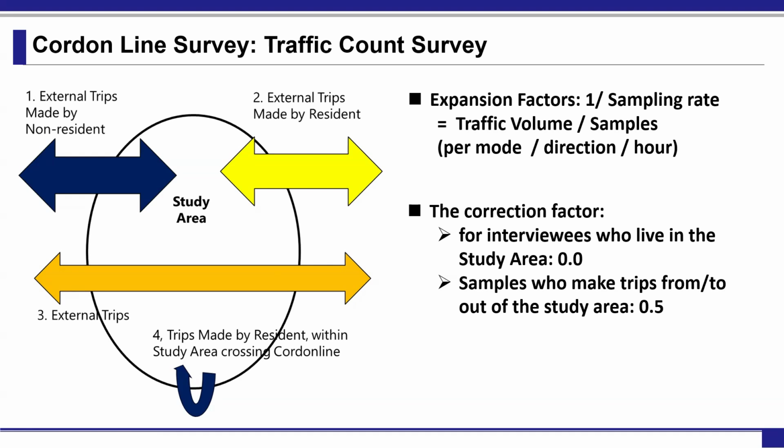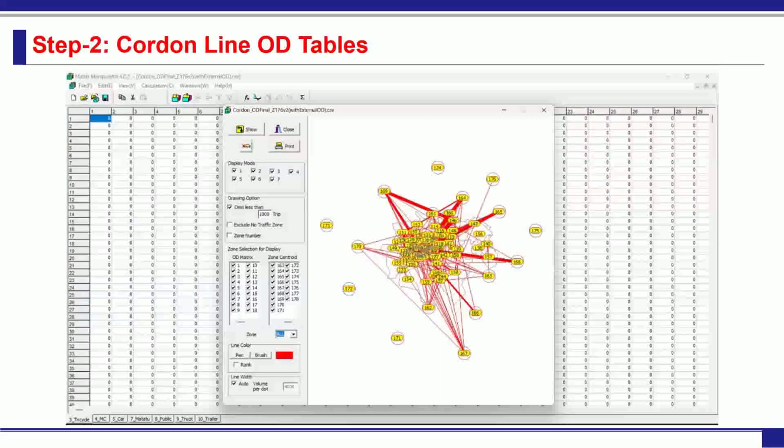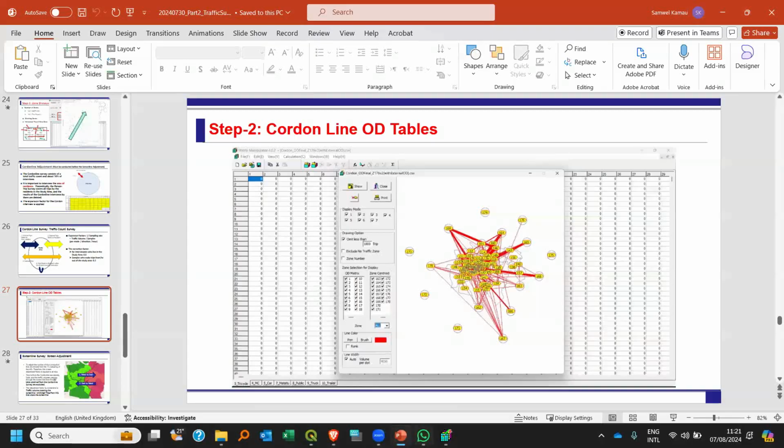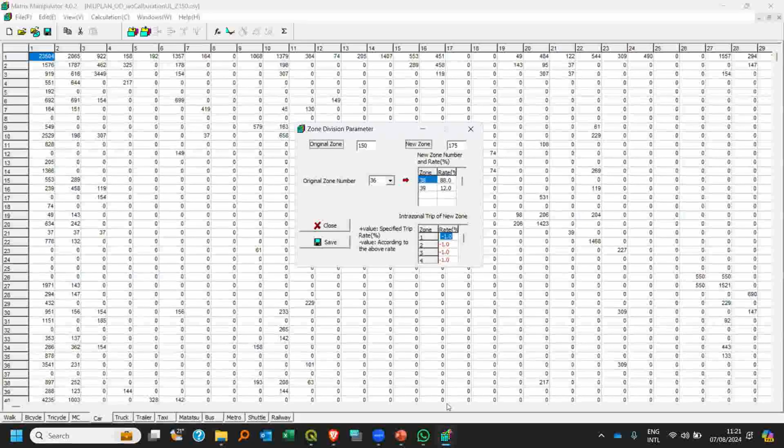This one also will be really difficult to understand; these are the practical issues. The next step is to open the cordon line. So please open the order step 2. Once again, you will set the zone division parameter.